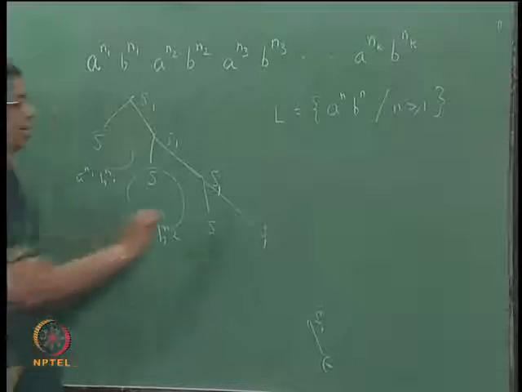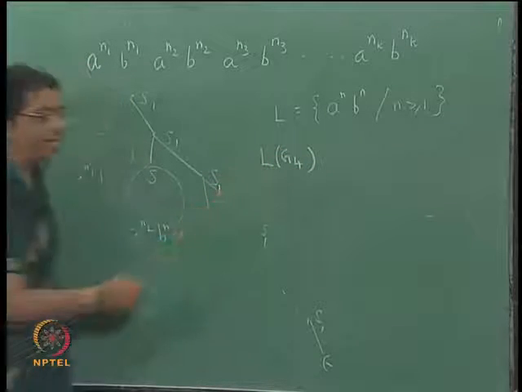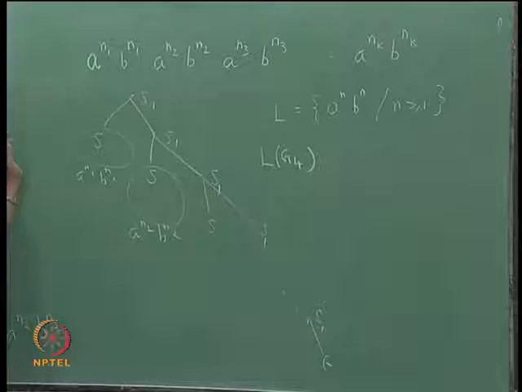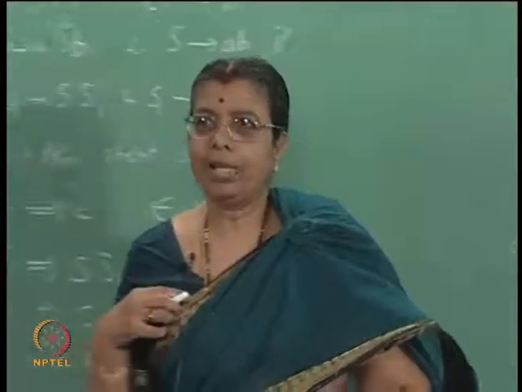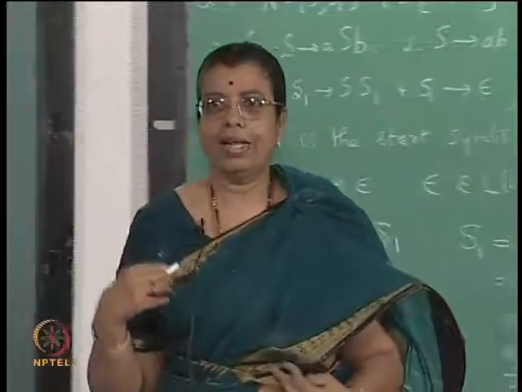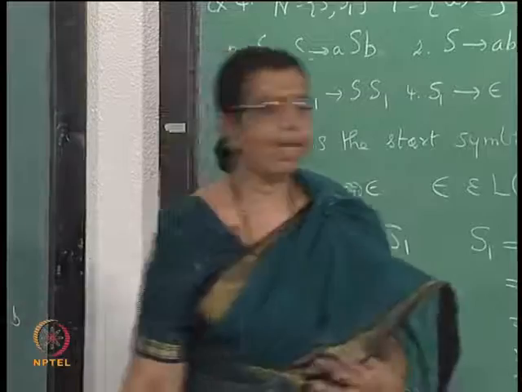What is the language generated by the fourth grammar? I will put it as LG4. What is the connection between this and this? You have studied set operations on sigma star. So, that is L star, right? The Kleene closure of L.